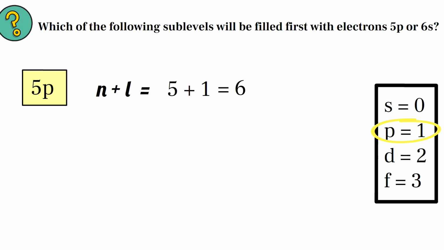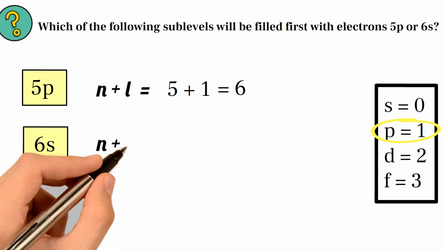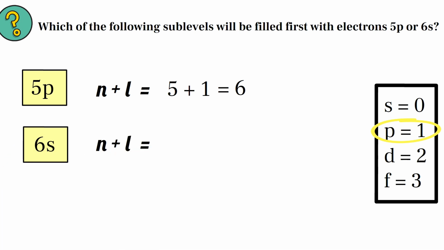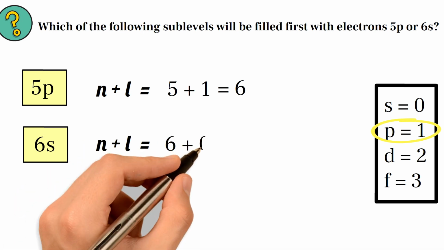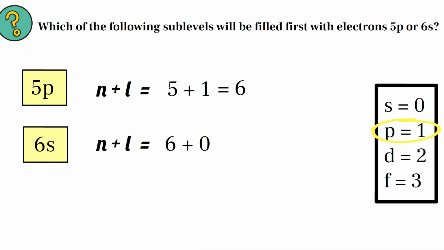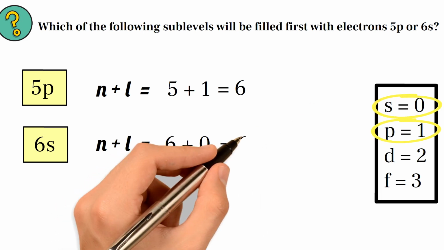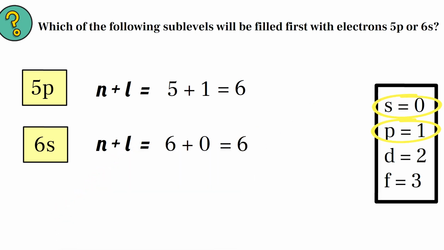While the energy of the 6s level according to the N plus L rule is equal to 6 plus 0, which is also equal to 6.